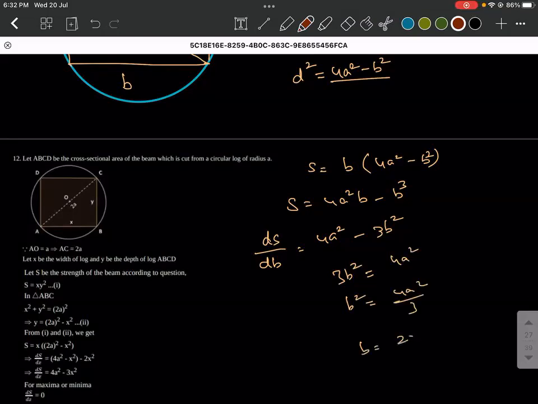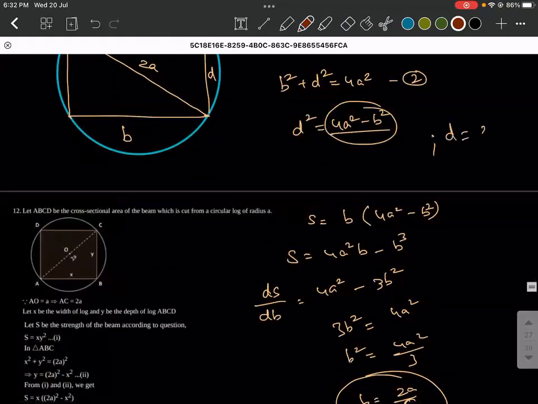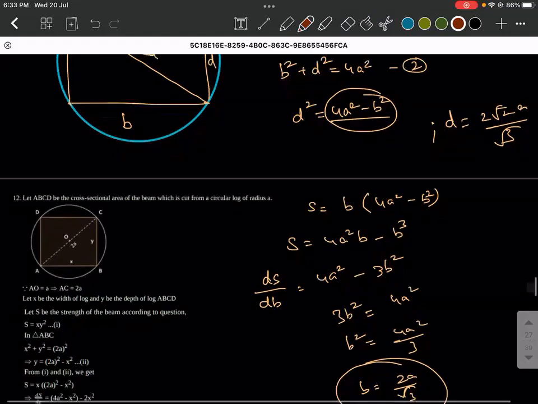B will be equal to 2A divided by root 3. When B is 2A by root 3, take it and substitute it here. D, how much are you getting? 2 root 2A divided by root 3, correct? So that's what you will get, but you need to do the second derivative also. In the second derivative, you should get the lesser value. Is it right? Shall I proceed?